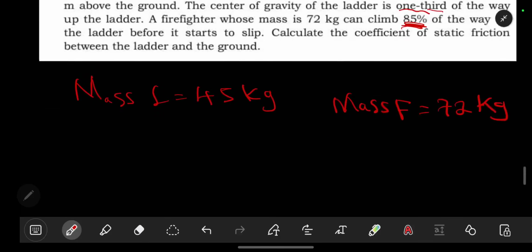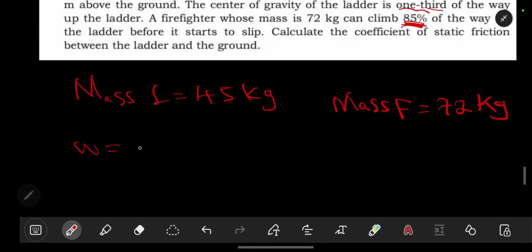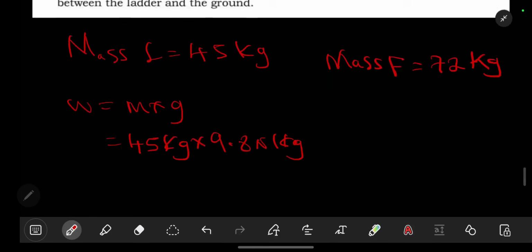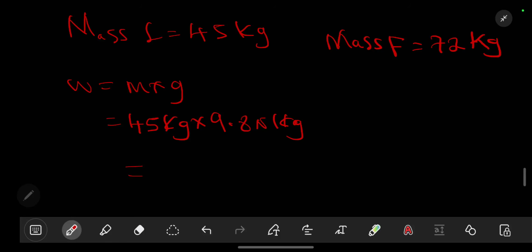So now let's convert this. So we know that weight is equal to the mass times the gravity, so which will be our mass 45 kg times the gravity, which is our 9.8 newtons per kg. When we multiply this, we are going to have 45 times 9.8. This is going to give us 441 newtons like that.